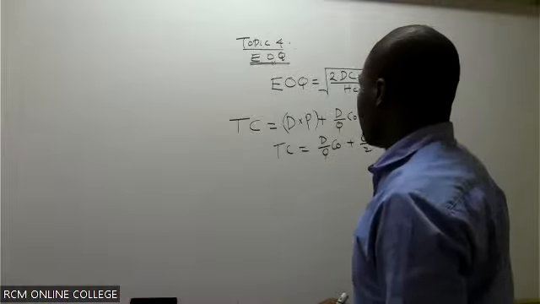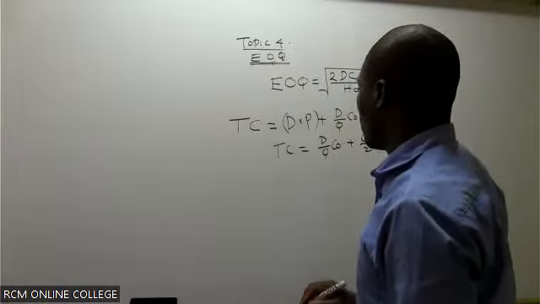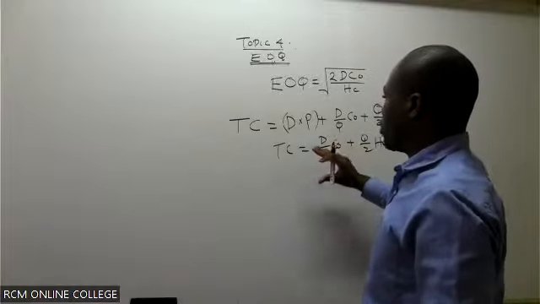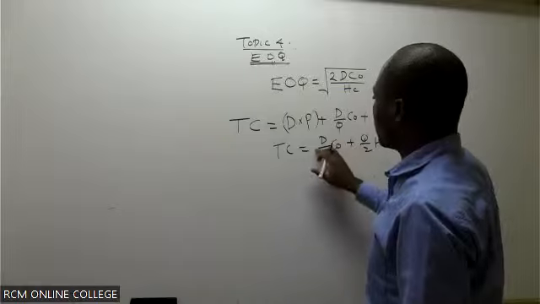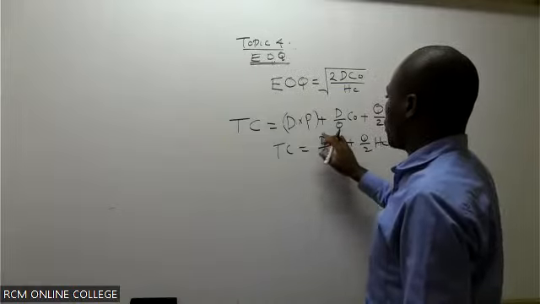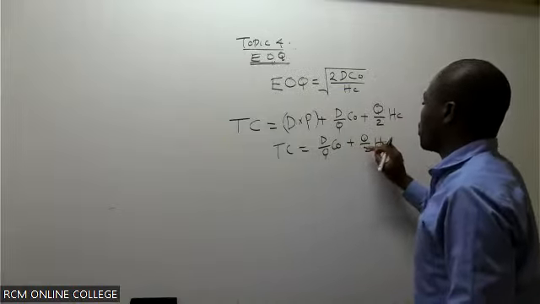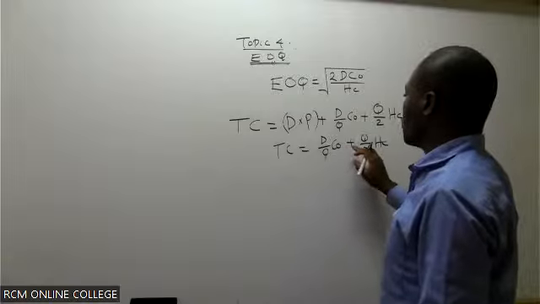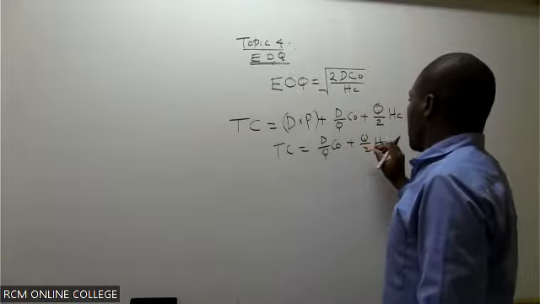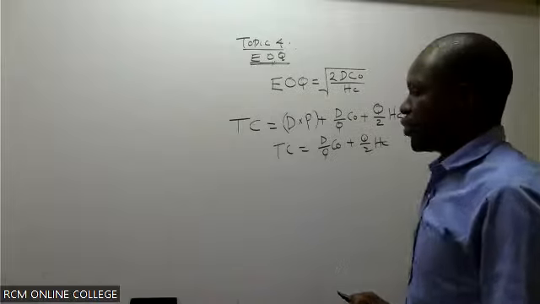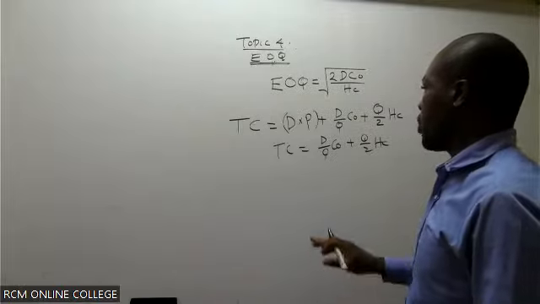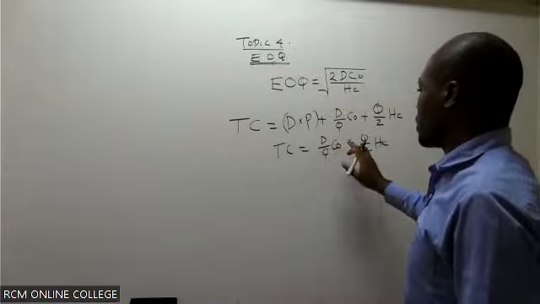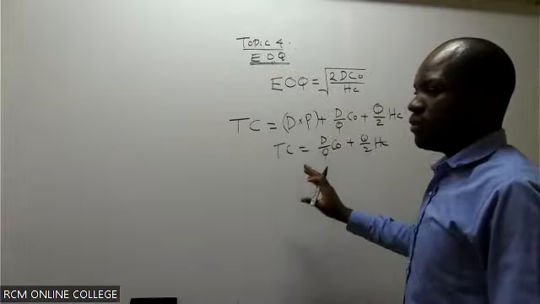Again, at that point, equilibrium will be realized where our total ordering cost is equivalent to total holding cost. It is at that point when our total ordering cost is equivalent to total holding cost.